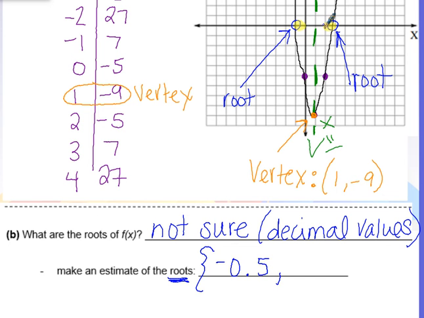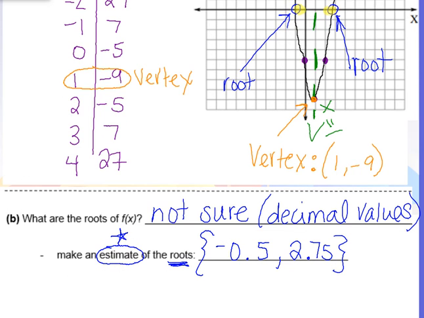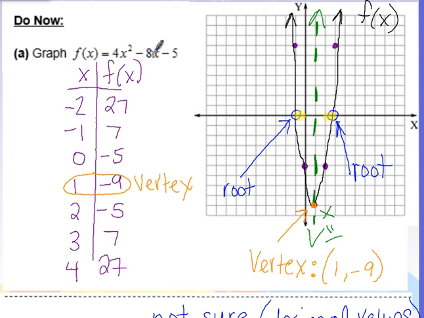I know it's between 2 and 3, so mine looks like it's a little bit closer to 3. Maybe I'll guess 2.75. Okay, so these are just estimates. We don't actually know them. I'm just trying to eyeball them based off of my graph. Okay, so that means that this quadratic function has roots. I just don't know them just yet.